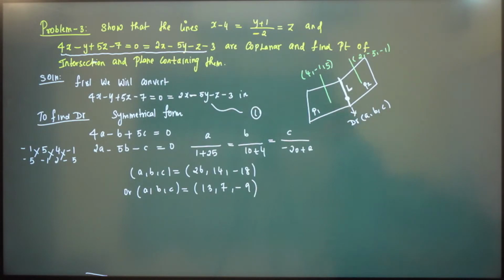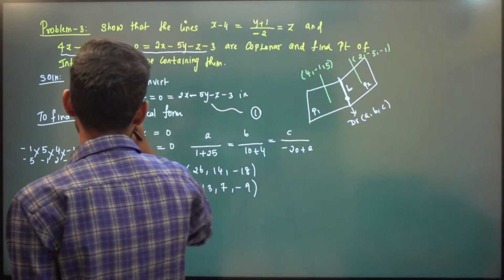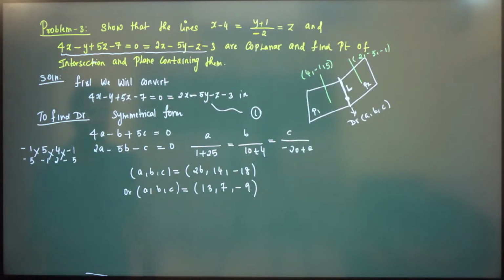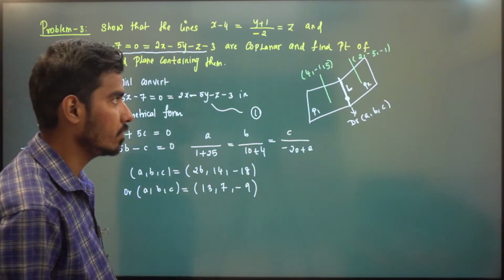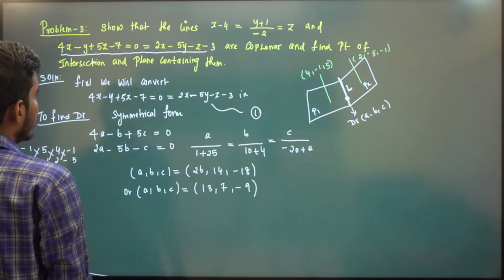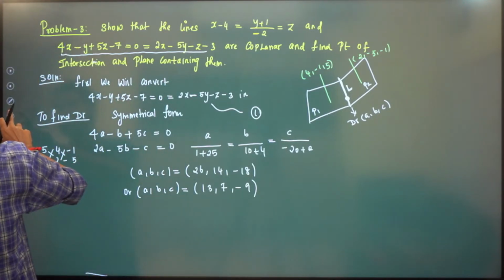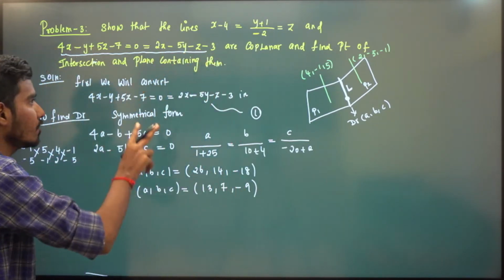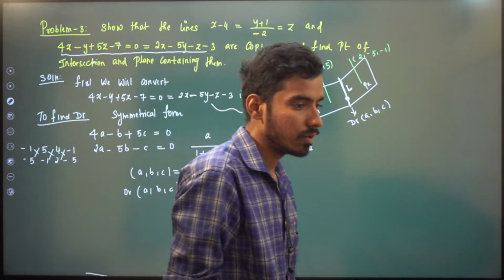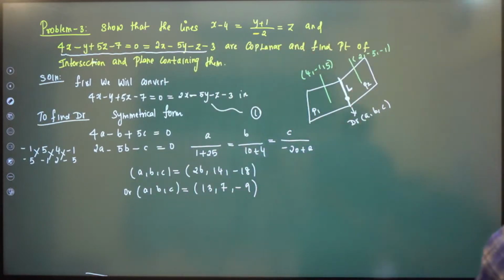Now what we'll do is instead of converting this to symmetrical form, we will show they are coplanar, and they will not ask you to find the point of intersection. If they ask you to find the point of intersection, surely you have to convert that to symmetrical form only.